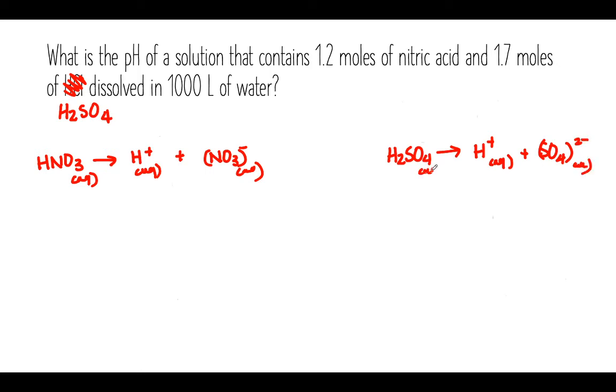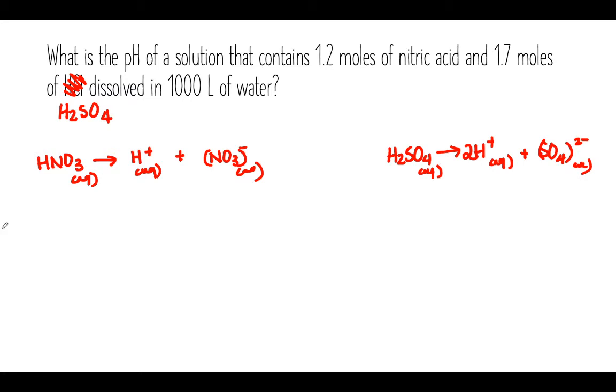Now, there is a key difference between sulfuric acid and nitric acid, and that has to do with the number of hydrogens in it, right? So when I write this ionization equation, in order for this to be balanced, I need to put a 2 in front of my H+, and that actually changes quite a bit when we're doing our calculation. The idea is still the same, but that 2 should be taken into consideration.